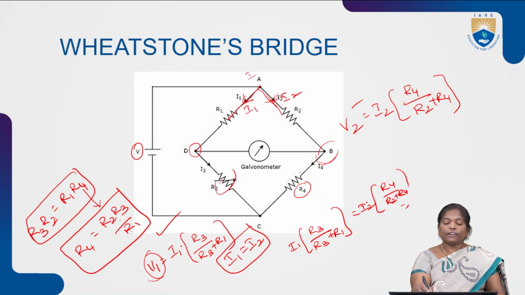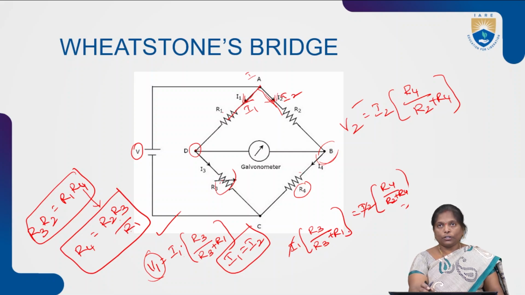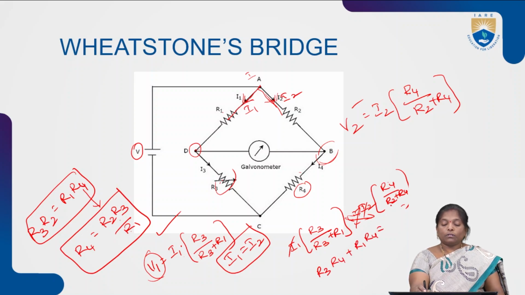As we know that I1 equal to I2, we have R3 by R1 plus R3 equal to R4 by R2 plus R4. By cross multiplying this equation, we have R3 R4 plus R1 R4 equal to R2 into R3 plus R4 into R3.